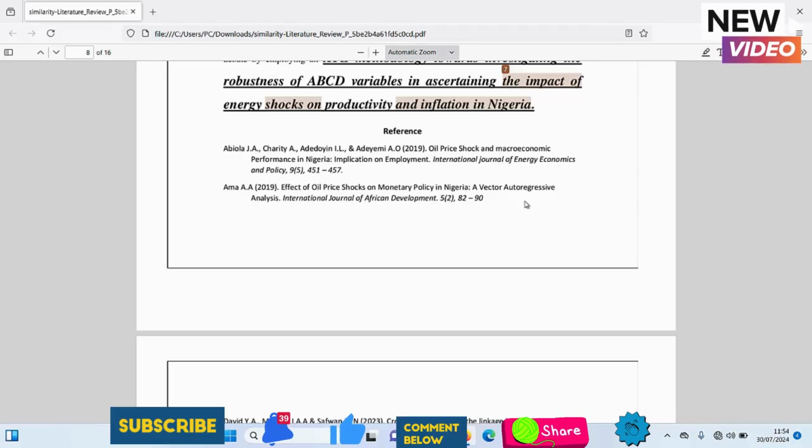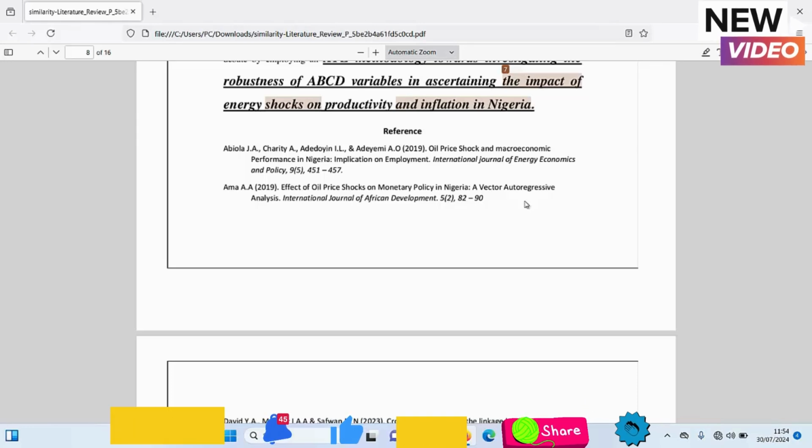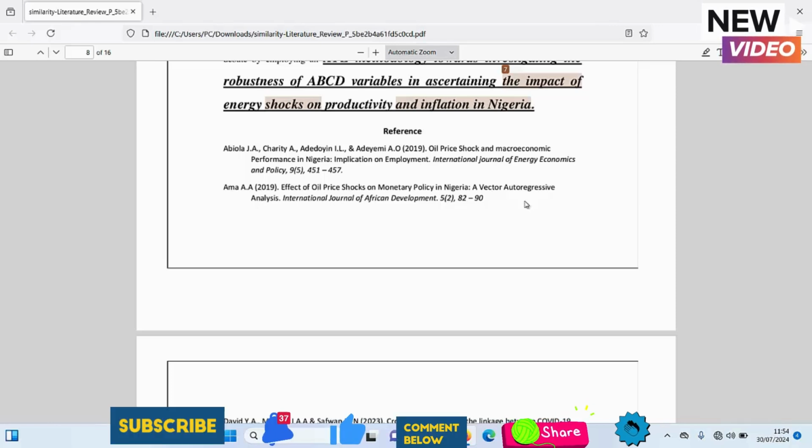So you just have to leave it the way it is. But if your department or your school is silent about exclusion of quoted words, then you just go ahead and exclude it, so that will reduce the similarity index. So always watch out for the references as well as the quoted words.